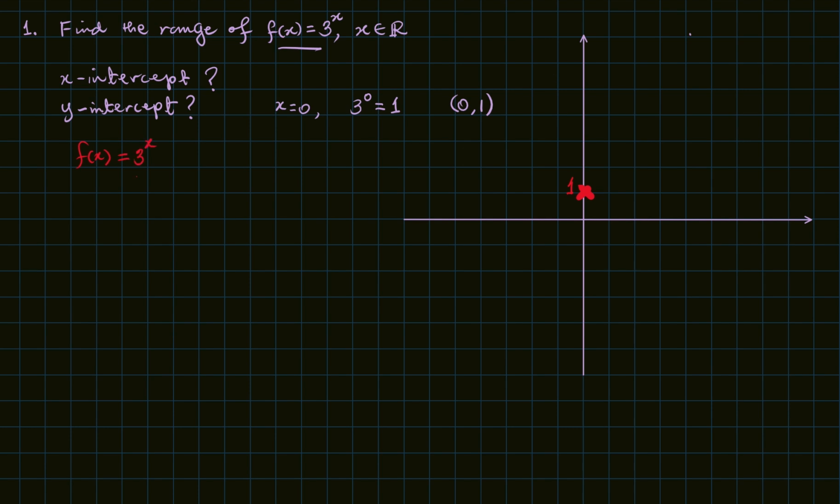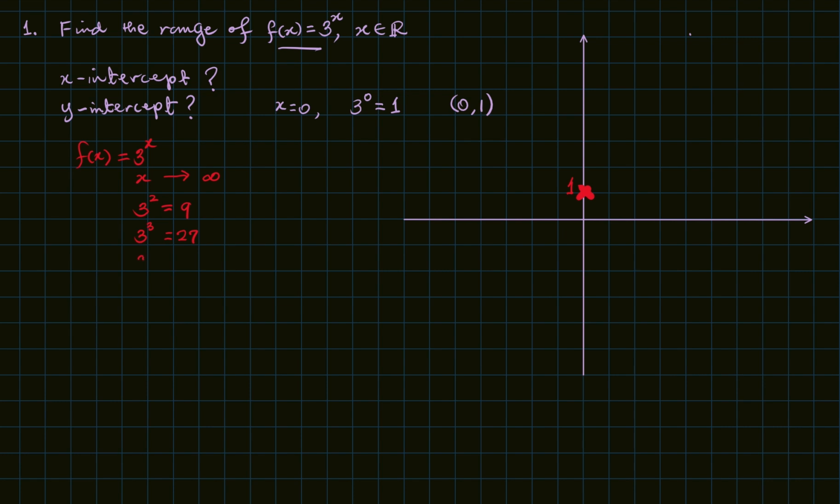where x increases drastically. If we like, we could choose maybe a smaller value of x and say 3 to the power of 2 will give us 9. And increase it and say 3 to the power of 3 will give us 27.